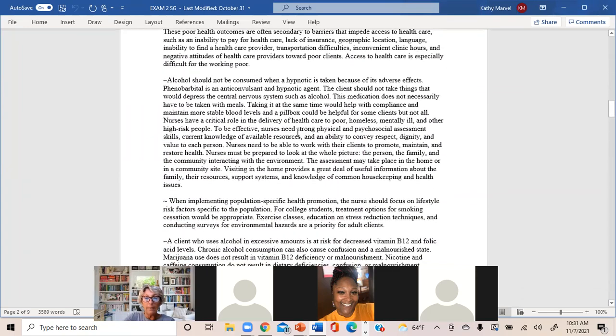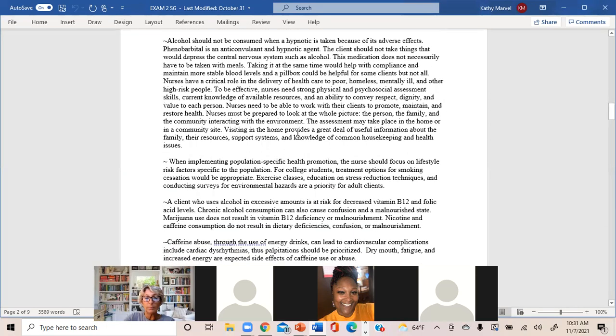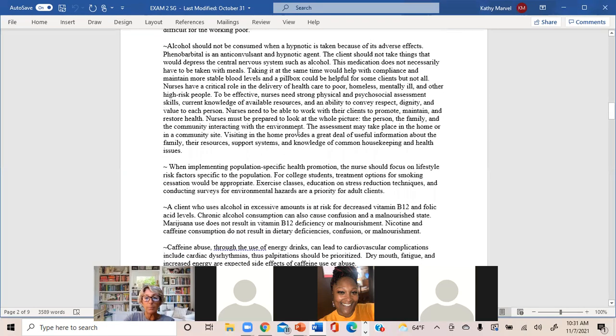Okay. And then we talk about alcohol, another one of the content areas we covered. So have a look at this paragraph here where it starts with alcohol.